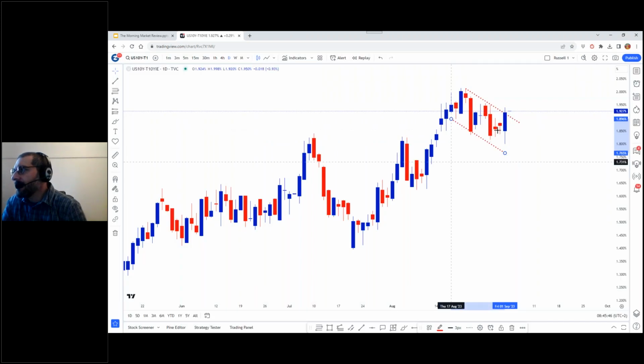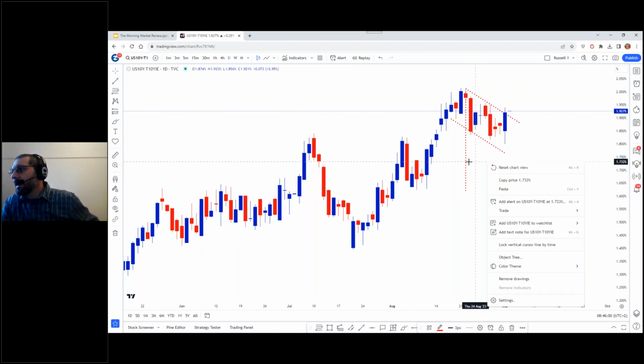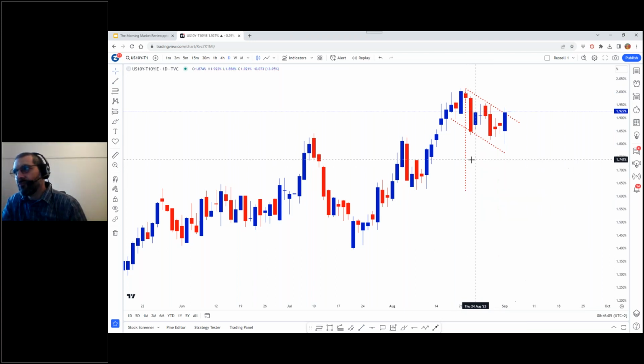The idea behind a flag is that it's a continuation pattern. We'll really have to see how this pans out. I don't know if there's much more yield there. I think bonds are looking really cheap at the moment.